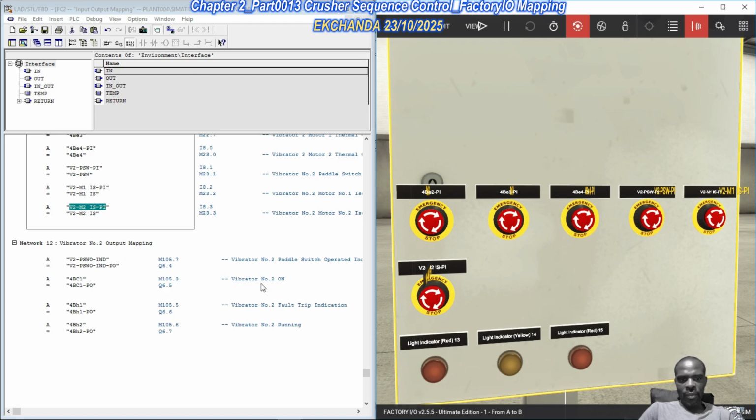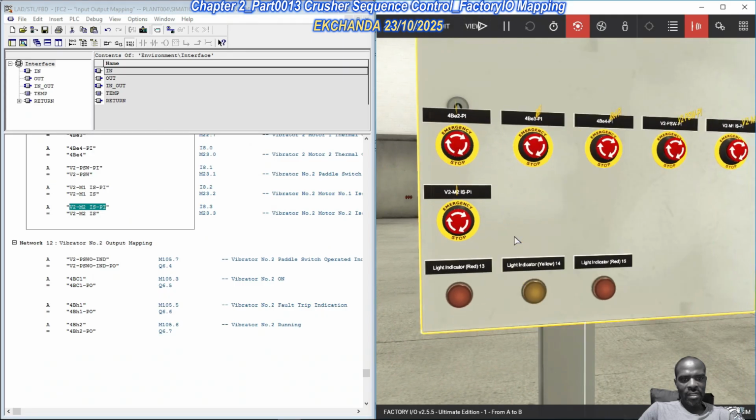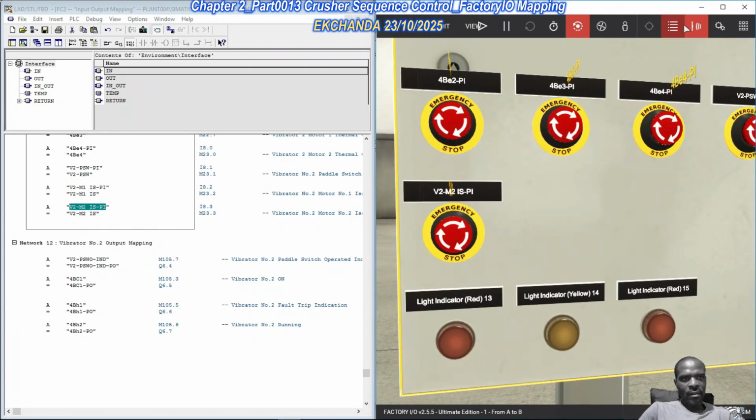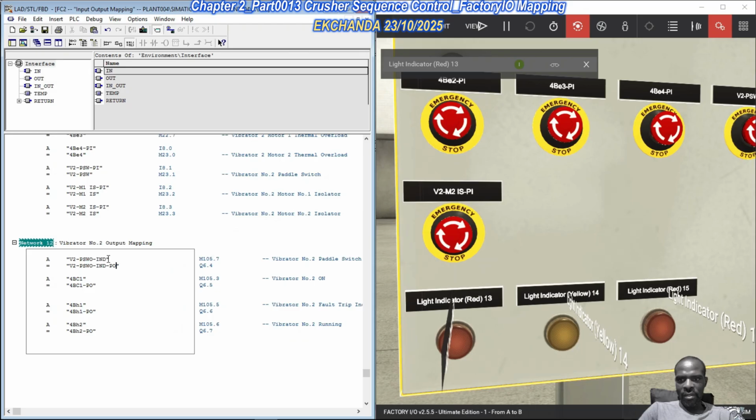vibrator number 2 output mapping, similar to what we said previously. The first one was supposedly the power switch. Okay, Control C. And then vibrator number 2 on by way of 4BC1.